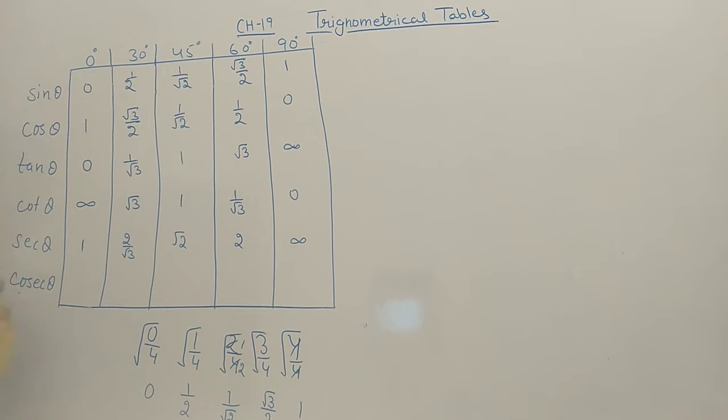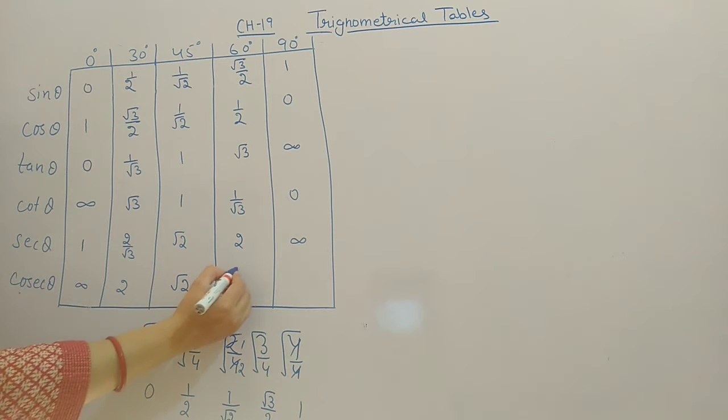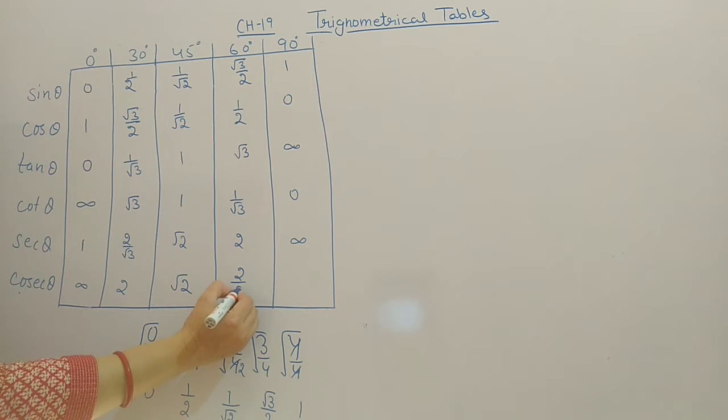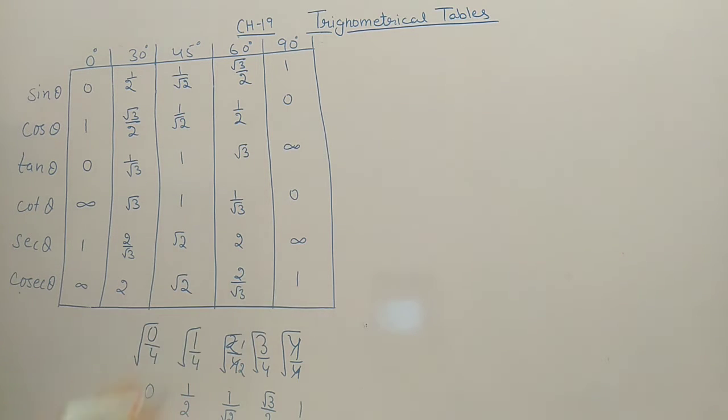Next cosec theta. Cosec theta is the reciprocal of sin theta. So we can write this as infinite, 2, root 2, 2 by root 3 and 1. So easily you can make this table with the help of this method.